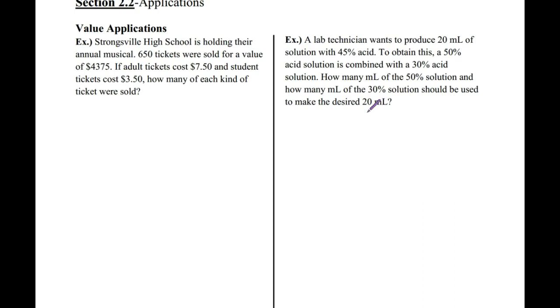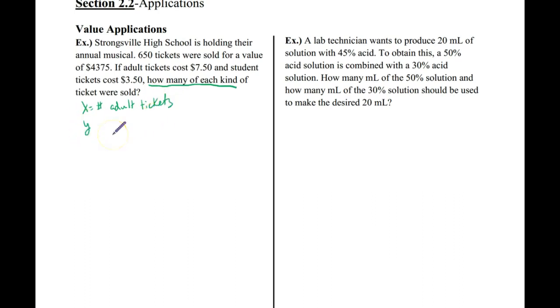Alright, so first thing we have to do is identify the variables. So what is the question asking? What don't I know? We want to know how many of each kind. So in this case, we want to let our variables represent the number of adult tickets and the number of student tickets.